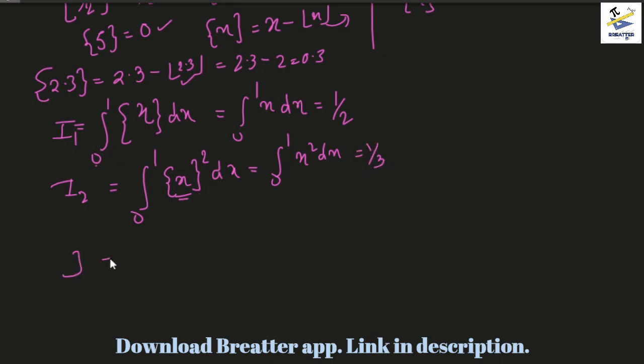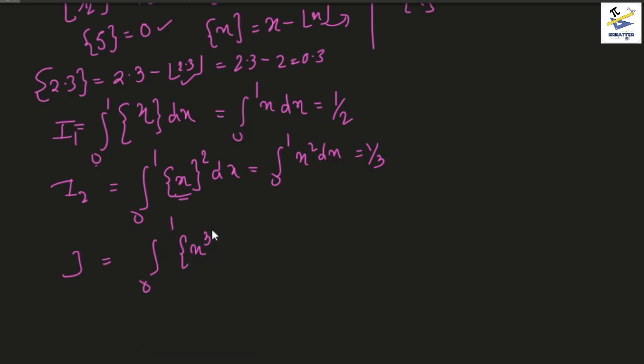Now if you had something like the integral from 0 to 1 of the fractional part of x cube dx, this is a problem, because we need to prove something here before we can jump to the conclusion. We do know that the fractional part of x equals x when x belongs to 0 to 1.